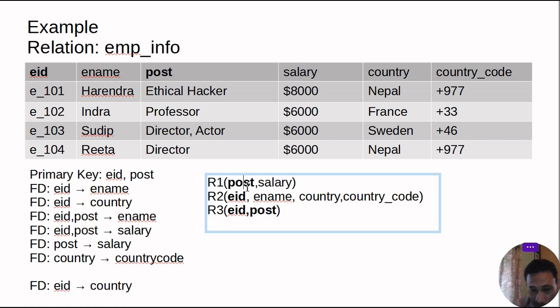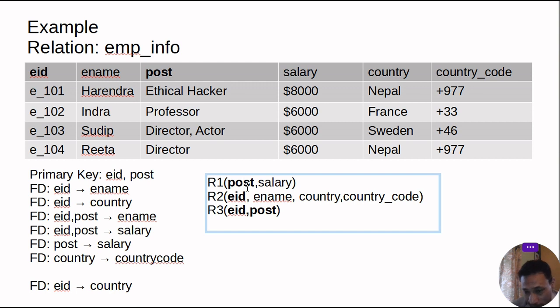So remember, if the table has a primary key formed with only one attribute, then there will be no partial dependency. Okay, if the primary key is formed by composite attributes, a combination of different attributes, then in that case partial dependency may exist.